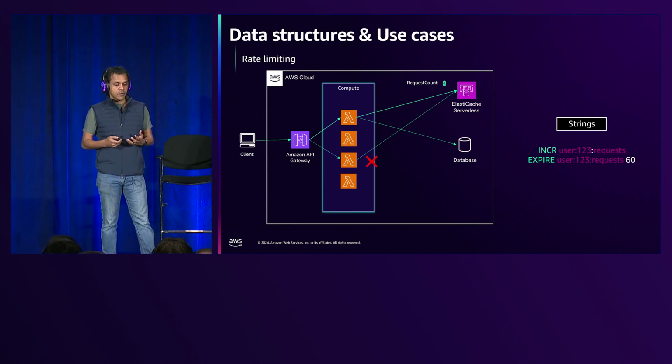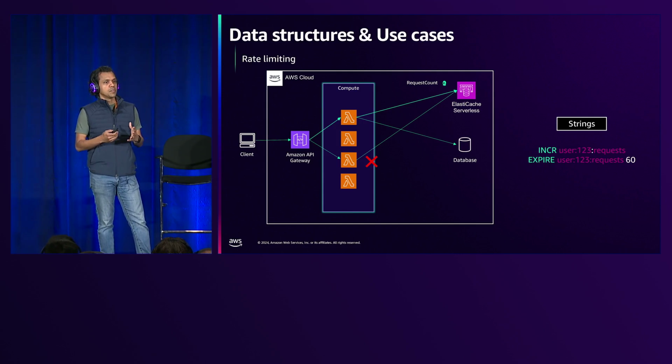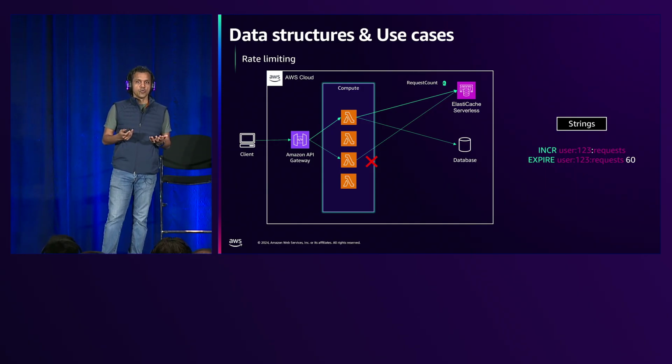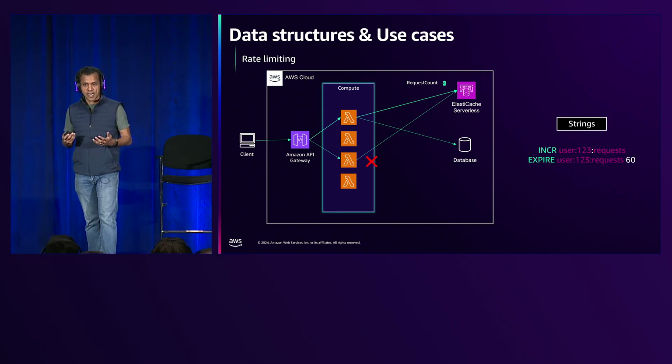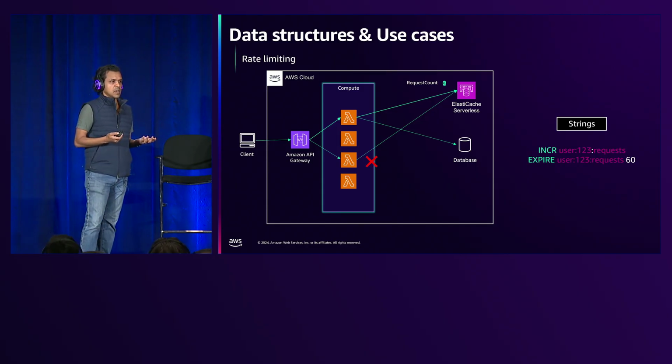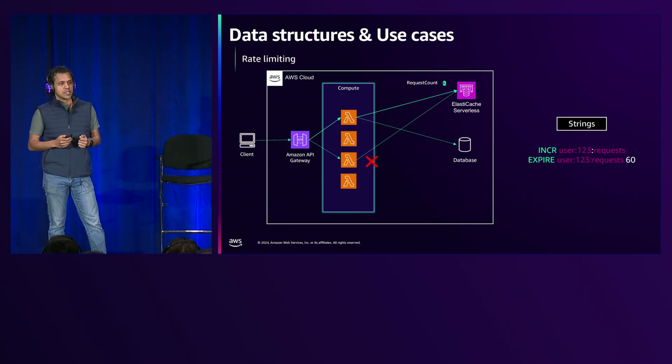And so, as long as your request count is below that value in a given time frame, you can allow access. And the way you control the time limit is through a TTL. You set a TTL on the value. Let's say you want to limit to 10 accesses in a 5-second period, right? You set a TTL of 5 seconds, and then you just increment every time somebody accesses it.